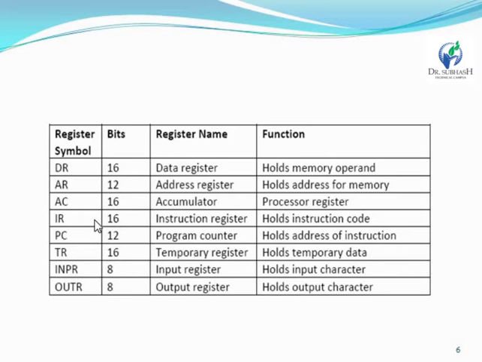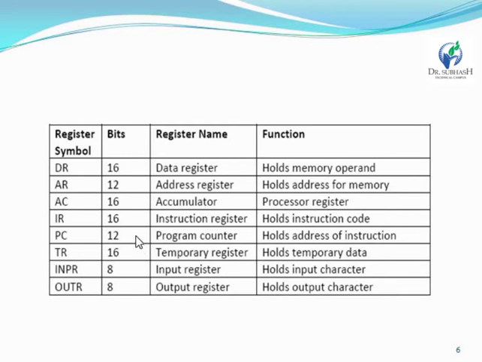Next is IR. What is the IR? Instruction register. Its bit size is 16. What is its function? It holds the instruction code. Then next is PC. PC means program counter.